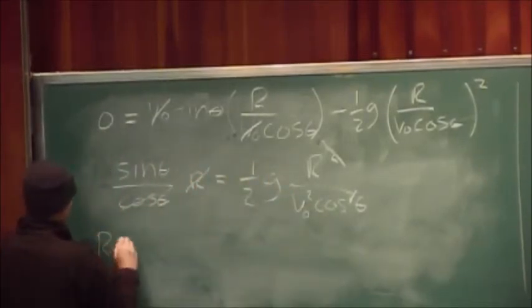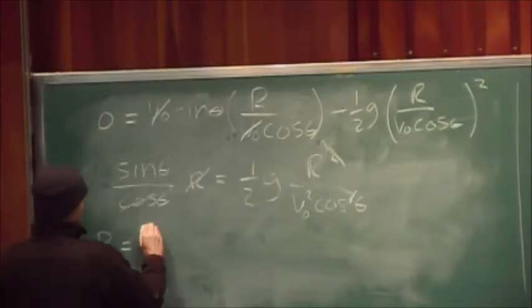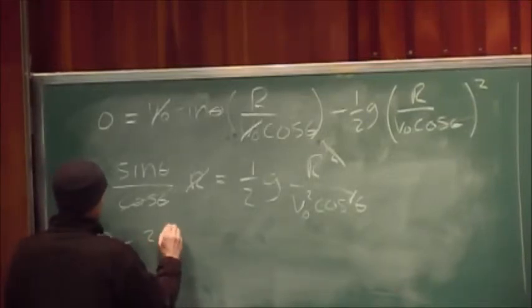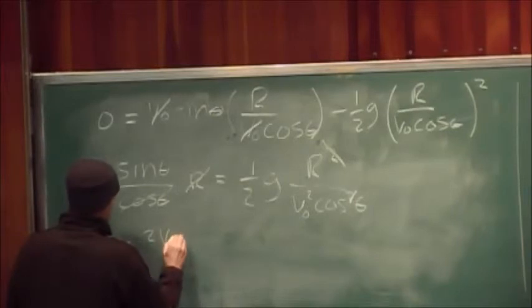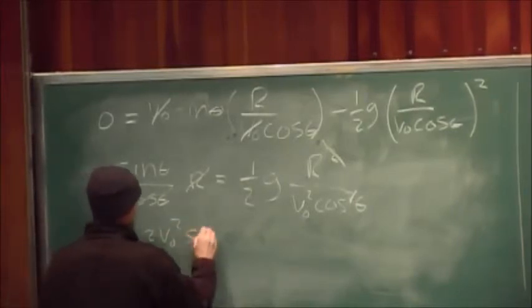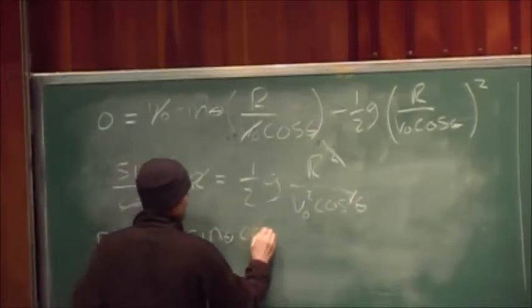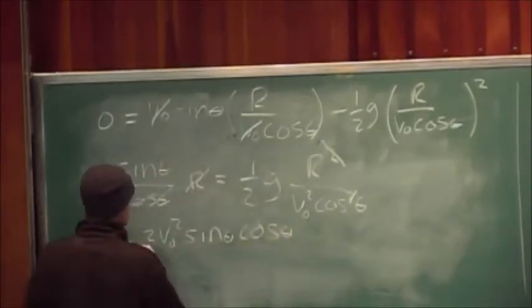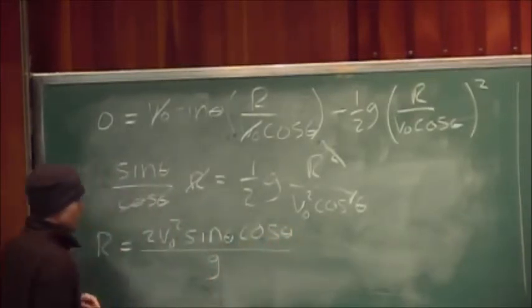So we see that r is equal to 2 v0 squared sine theta cosine theta all over g.